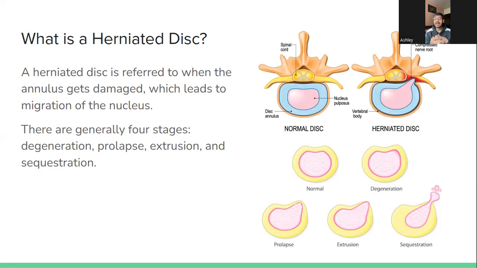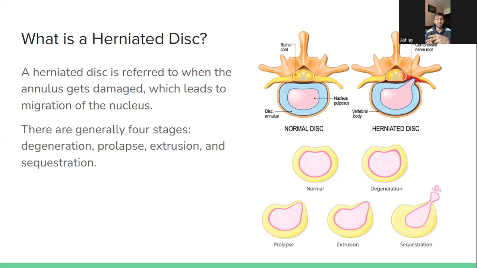And it becomes a bigger problem when that nucleus pulposus is close by to the nerve. In the picture, the yellow color is the nerve. If that nucleus pulposus comes out of the annulus and irritates the nerve, it's obviously painful. That's when you feel numbness, tingling and stabbing pain.